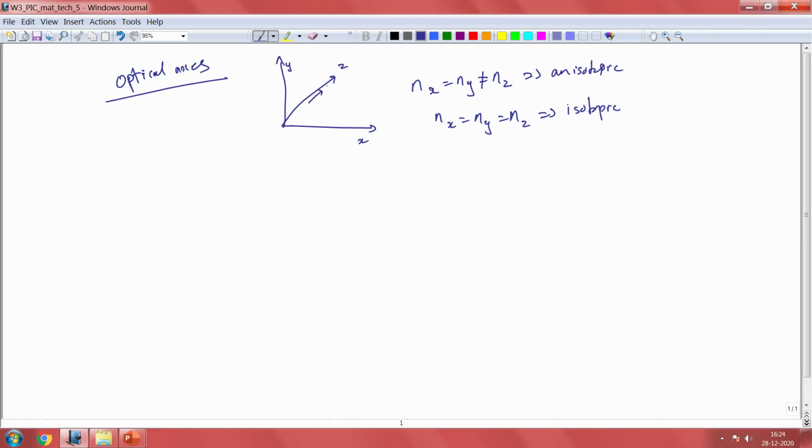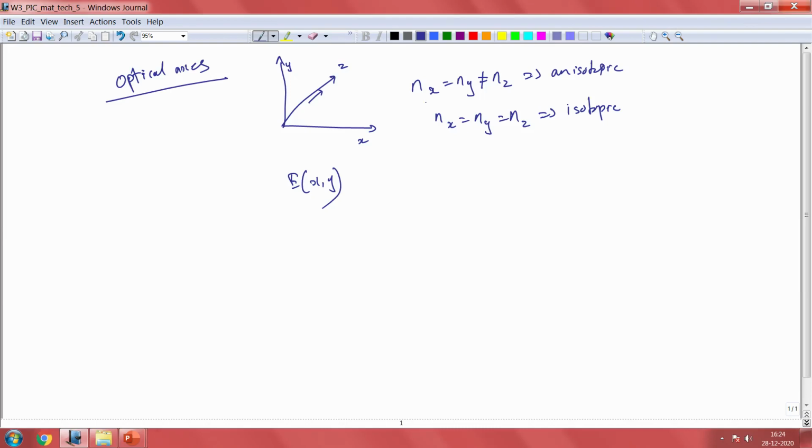But if a light is propagating along the z direction, through this axis, that means your electric field is between x and y. So if it is propagating through z, your field is in the x-y plane. Even though the medium is anisotropic by definition, when the light is put along the z axis, it will not feel anisotropy at all.